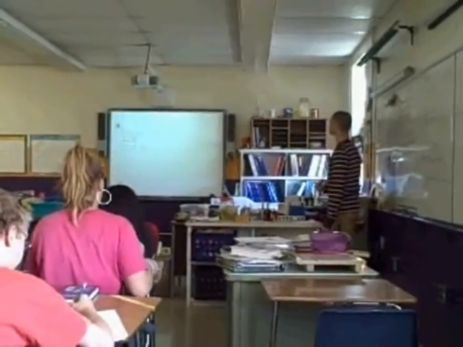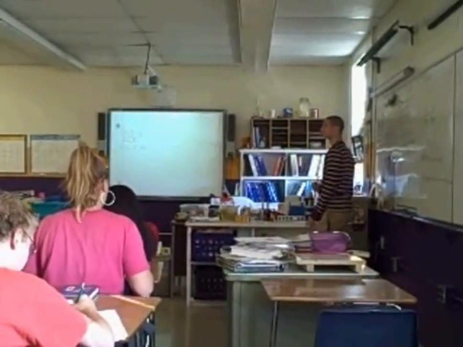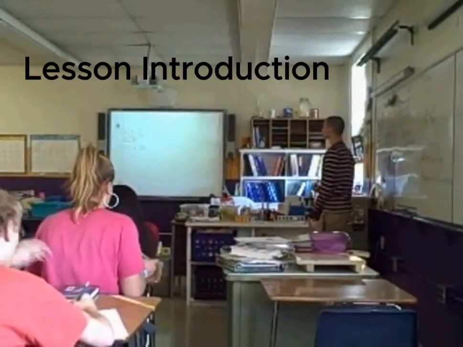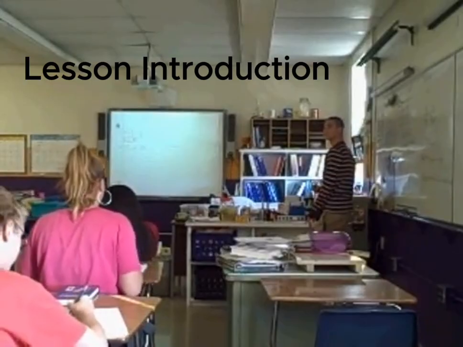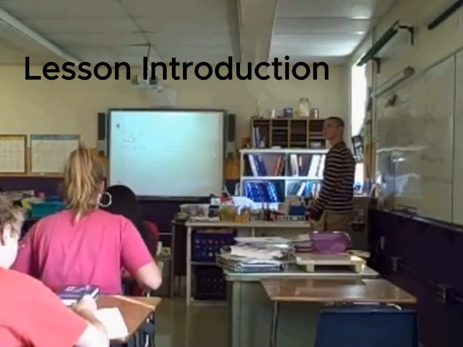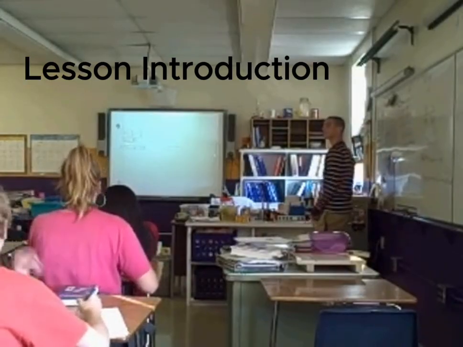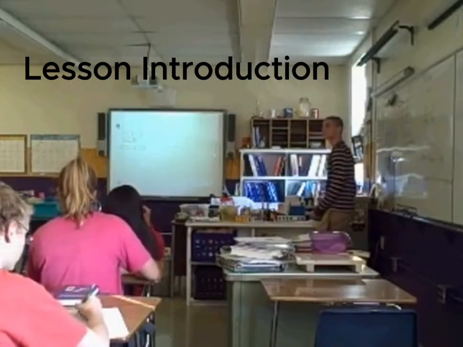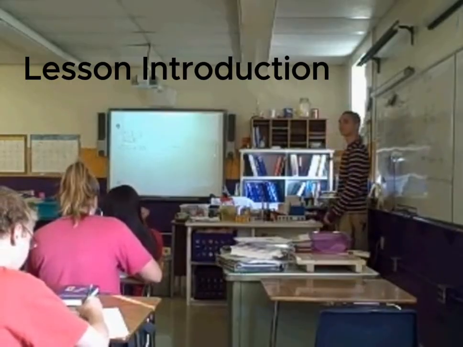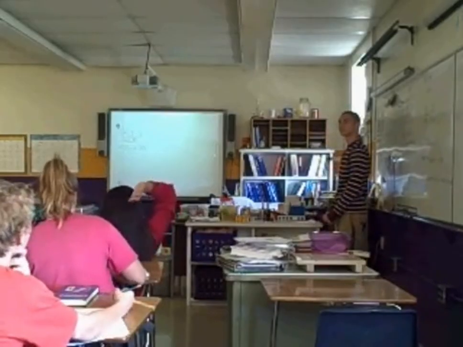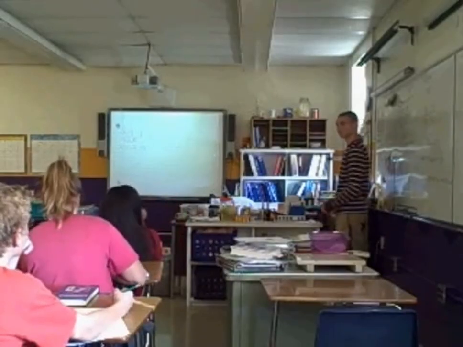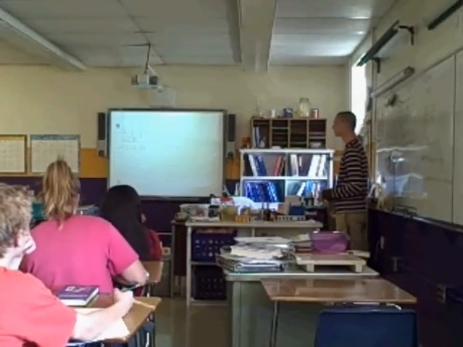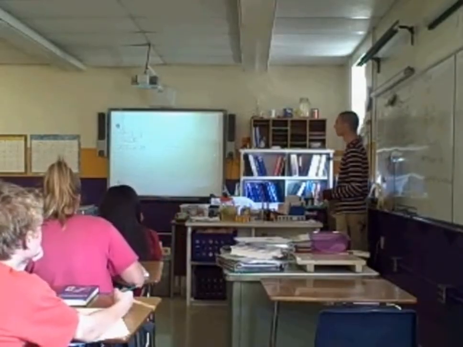71 minus z equals 55. How are you going to get z by itself? Anybody know? Add 71? Subtract.